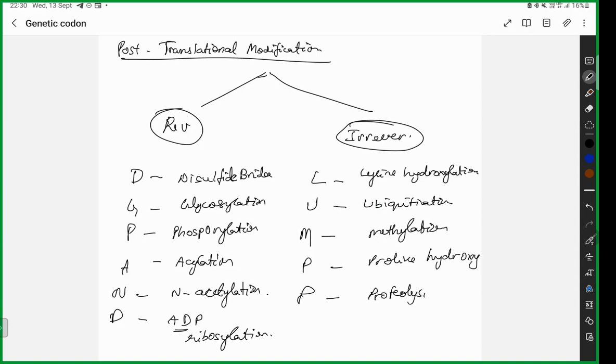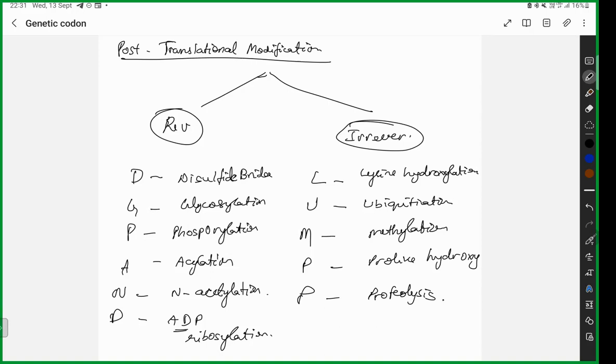Why is this important? Have you ever thought why all these things are important? You all read that there are 20 essential amino acids, and from these, all the remaining amino acids are synthesized. So you have certain amino acids called essential and certain called non-essential. Essential amino acids have to be supplied from your diet.